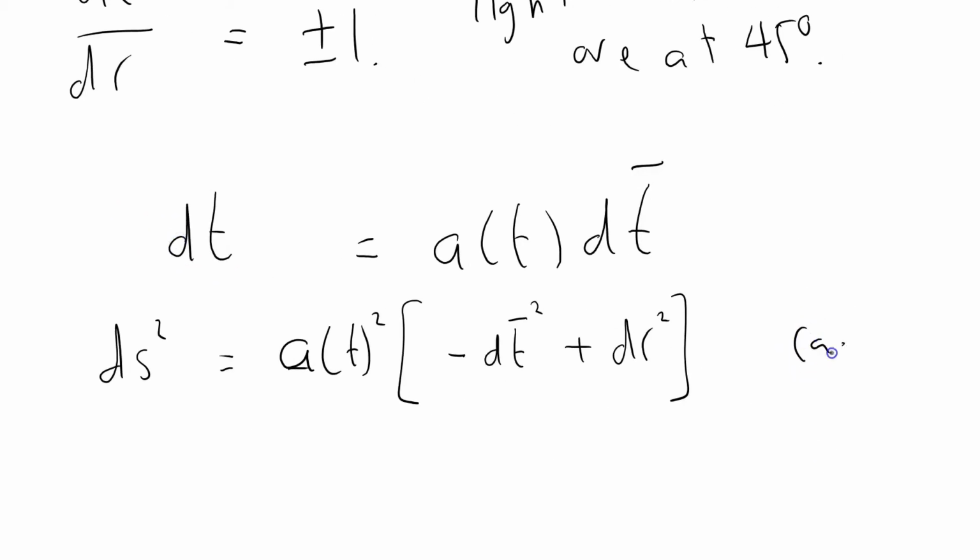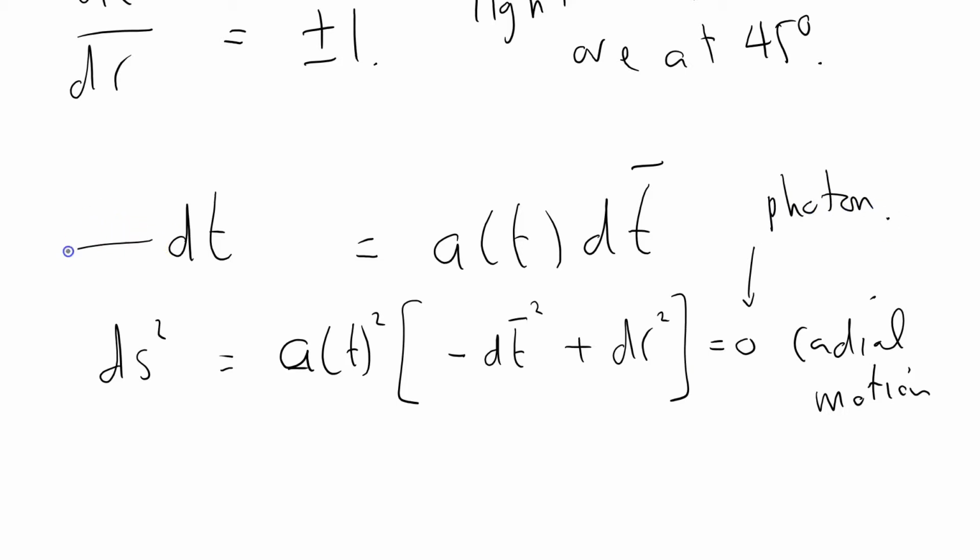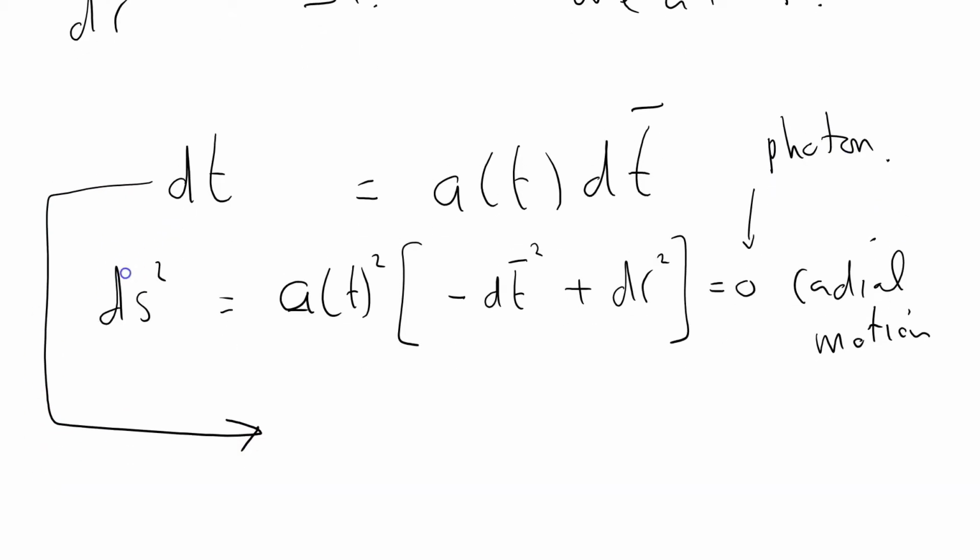This is for radial motion. And of course, that equals 0 for a photon. And I guess we could invert that to say that t equals the integral of a of t bar dt bar.